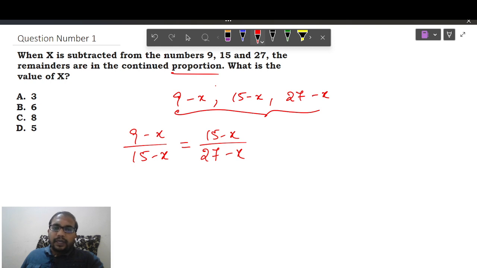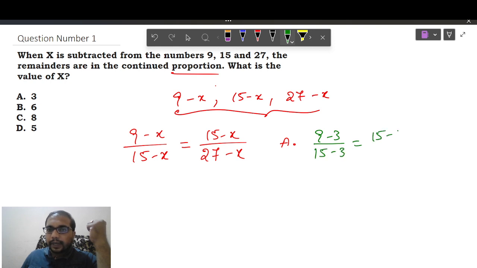Don't do the cross multiplication and don't make your calculation complicated. Clear? If you do the cross multiplication and multiply it, it will take a lot of time. So instead, go through option checking. They will give some values here, so try to put each value as x. For example, option A. If I put x value as 3, that is 9 minus 3 by 15 minus 3 is equal to 15 minus 3 by 27 minus 3.